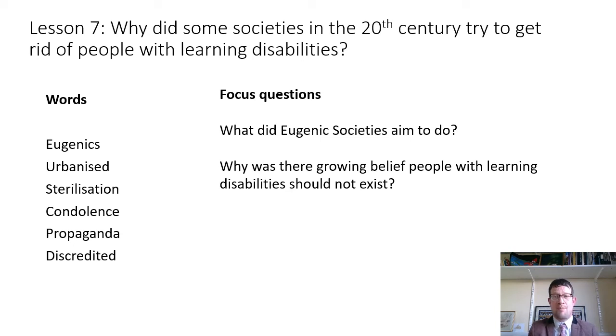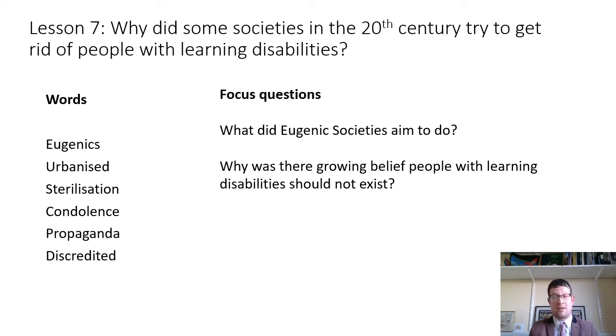There's a growing belief that people with learning disabilities should not exist, held by eugenic societies and those sympathetic to their ideas, and there are a lot of these people. They believed that people with learning disabilities posed a threat to human advancement.